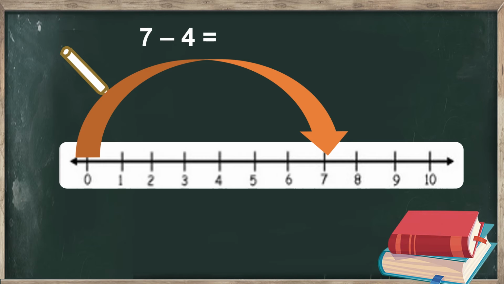So we will move from 7 to 3. If we minus 4 numbers from 7, we will move 4 steps backwards. 6, 5, 4, 3. So the answer is 3. 7 minus 4 is equal to 3.